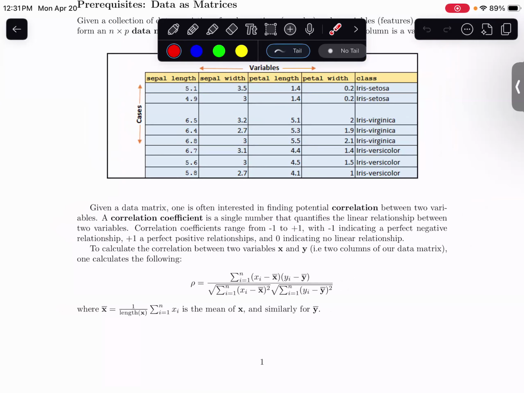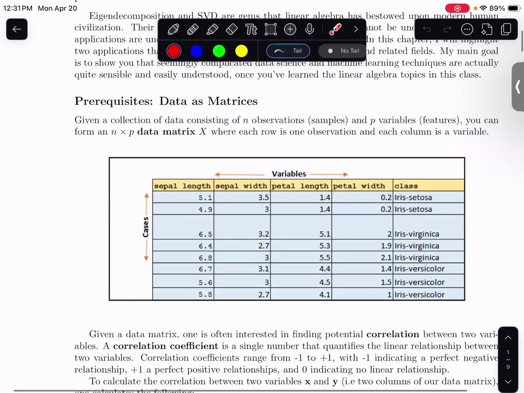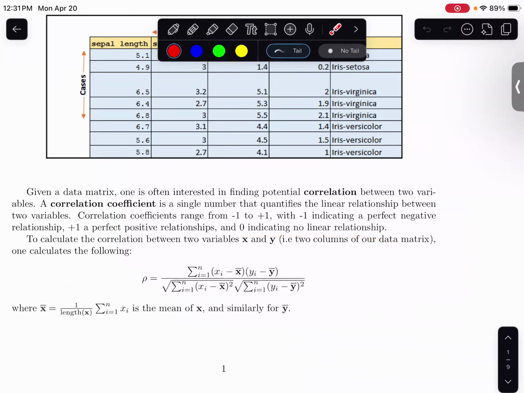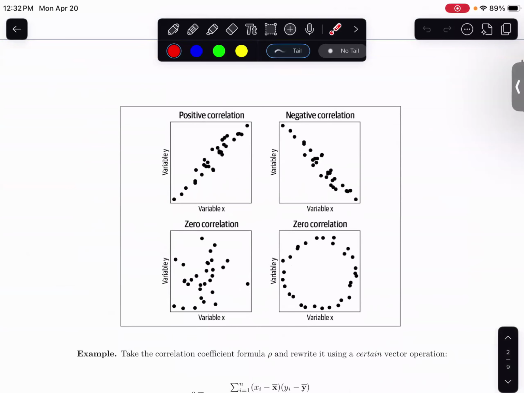These coefficients range from -1 to +1, where -1 indicates a perfect negative relationship and +1 indicates a perfect positive relationship. So if one variable is increasing, the other is guaranteed to increase as well. There are examples on the next page. If you have a 0, it indicates that there's no linear relationship whatsoever.